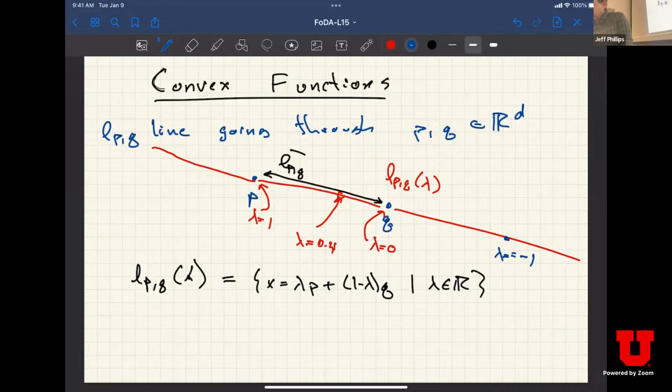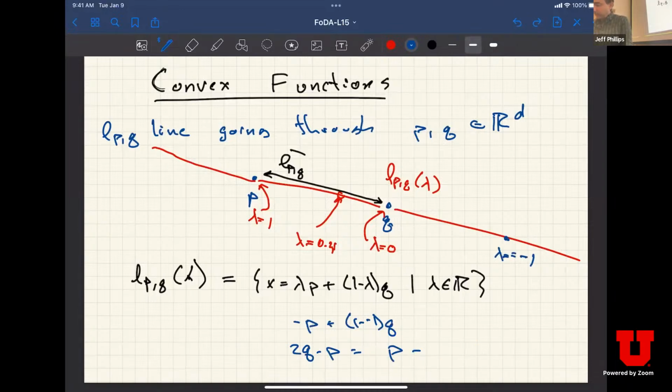So for -1, I'd have minus P plus 1 minus -1 Q. 1 minus -1 is going to be 2. So this is going to be 2Q minus P, which is Q plus Q minus P.